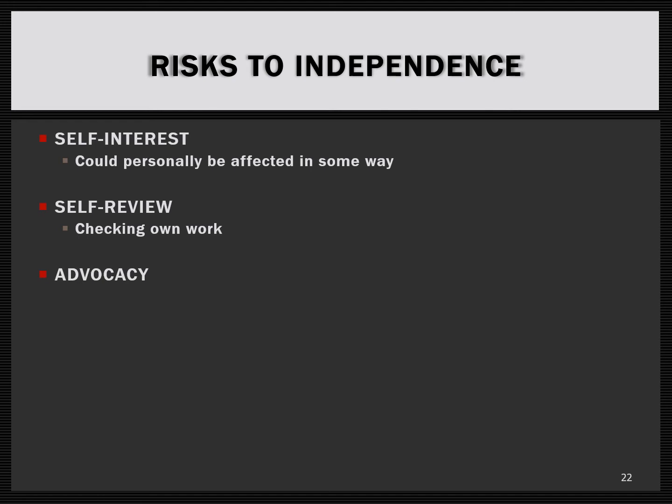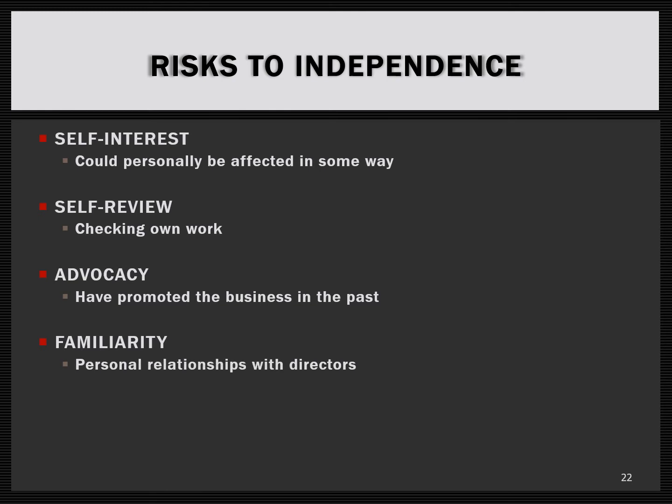Advocacy: if you've been telling people that the company you work for is really good and they should invest money in it, and the accounts show that it's losing money, that might not look very good on your part, and so you might be tempted to show in the accounts that things are better than is actually the case. Familiarity: personal relationships with the directors might tempt you to adjust the accounts to make things look better than they really are.